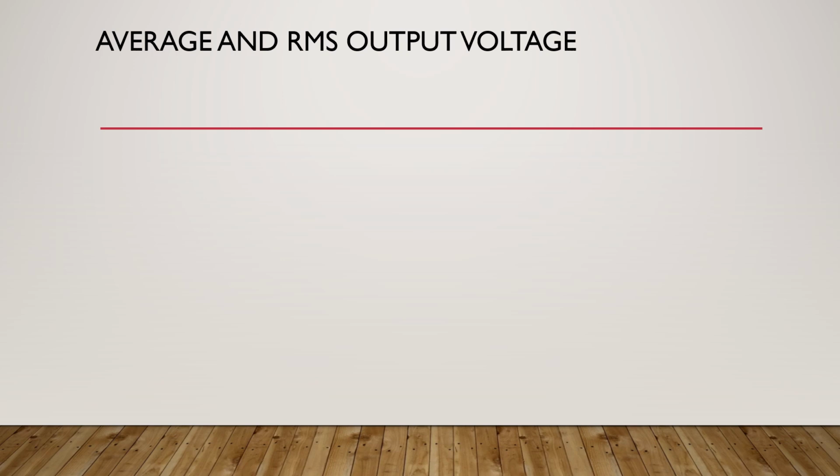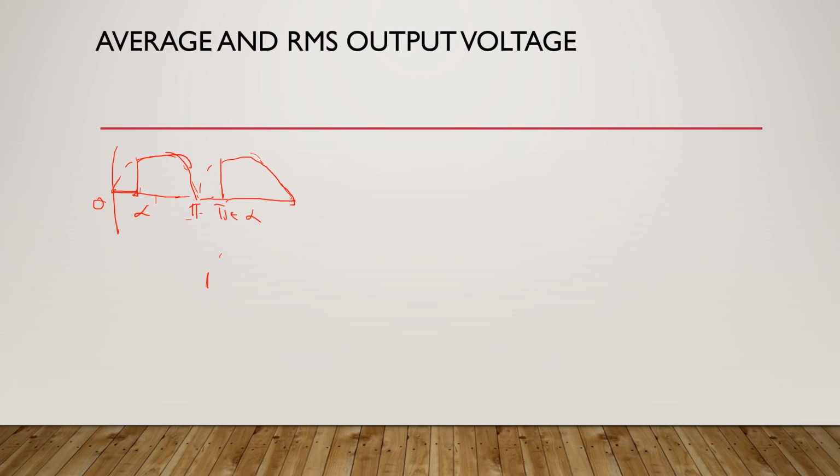So first let us draw the waveform of the output voltage. When you're drawing, it is easier if you mark the points. From 0 to alpha, this is how your output voltage is. And again from pi plus alpha, this is pi plus alpha, this is pi, and this much is your output voltage.